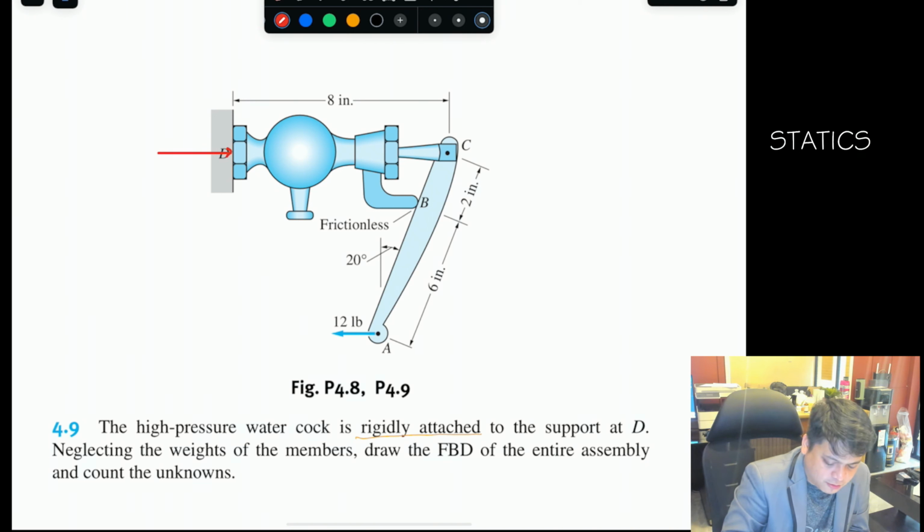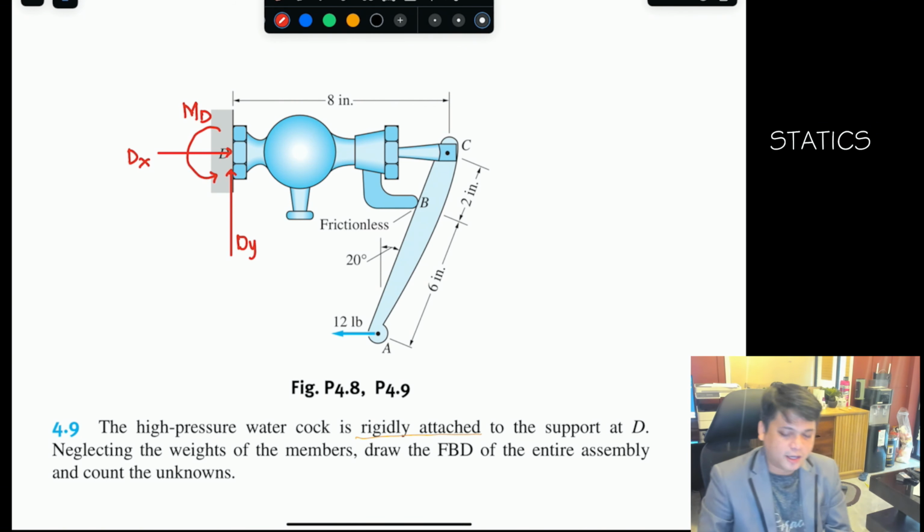So meron ka ditong DX, then meron ka ditong DY, and then meron ka rin ditong MD. Okay? So, ganyan lang. Okay? So, yan na yung pinaka-free body diagram mo nung pinaka-water cock. Okay po? So, that's 4.9.